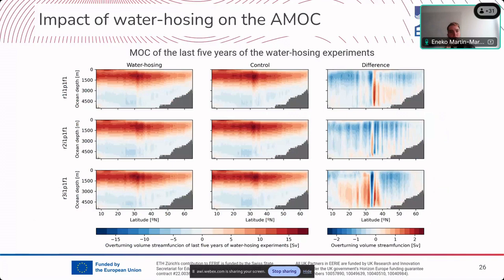We see that for the 3 members, we have some kind of slowdown of the AMOC, between 0.5 and 1 Sverdrup of slowdown, but it depends on the region. And the third member seems to show less, it was the one that was giving issues before.